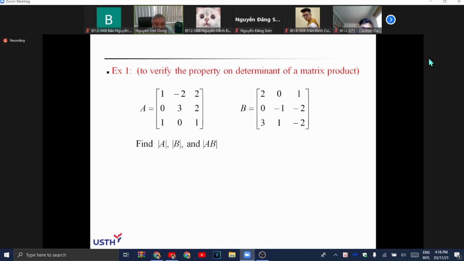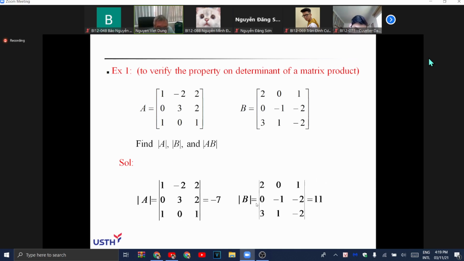And here are some examples for you, just to verify the property. Suppose that A is that and B is that one, and you are required to find the determinant of A, the determinant of B, and the determinant of AB. For A, you will find that the determinant of A equals minus 7, and B has determinant 11.